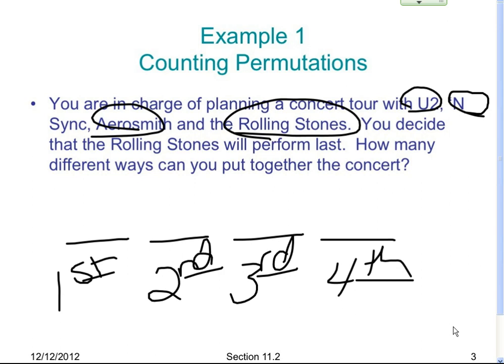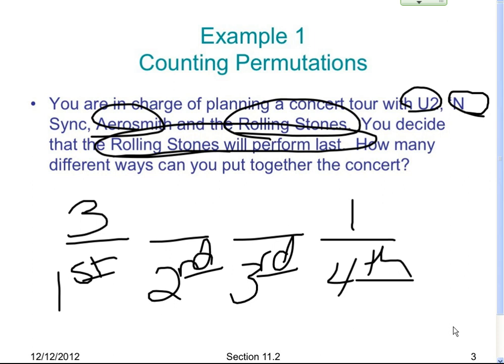Now you did decide that the Rolling Stones have to perform last. So there's only one way to put the Rolling Stones last, so that's one choice. Now we have 3 different bands that we haven't used yet. We've got U2, NSYNC, and Aerosmith, and any one of those 3 could go first. For second, you've already used one band. We don't know which one it is.